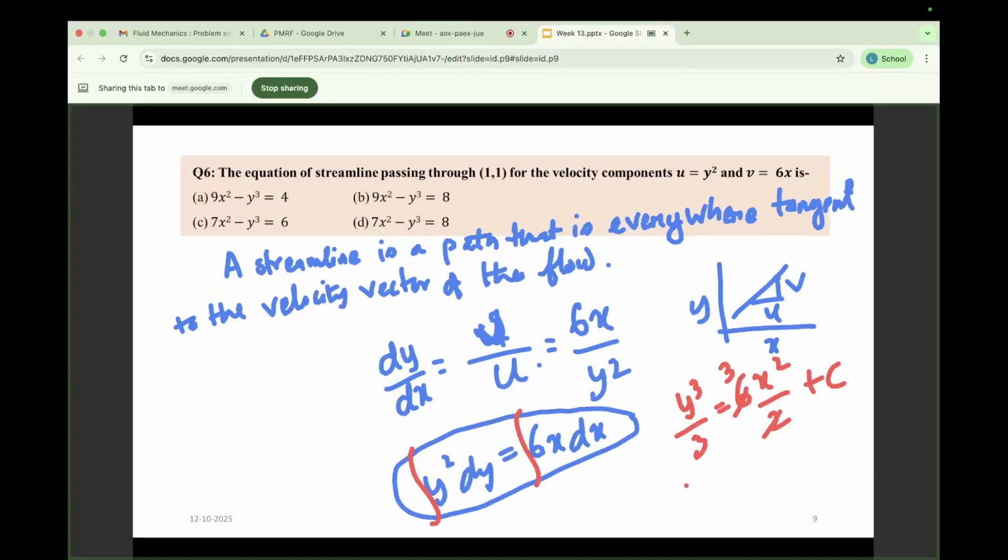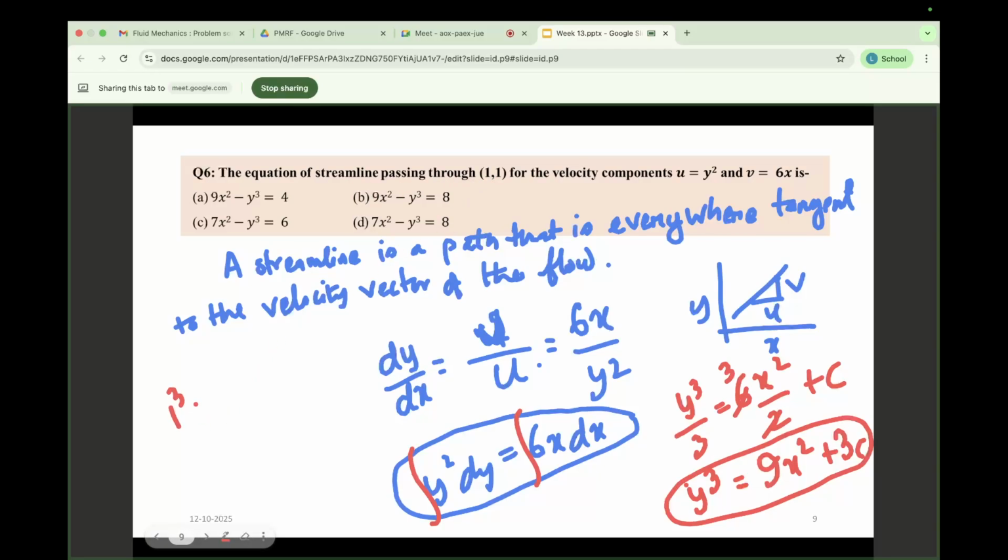The ultimate equation, if I multiply by 3, is y cube equals 9x square plus 3c. It is passing through point (1, 1). If I put in this value, the 3c I get is minus 8.